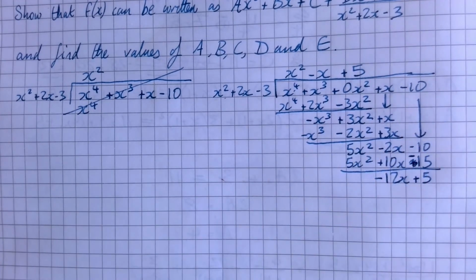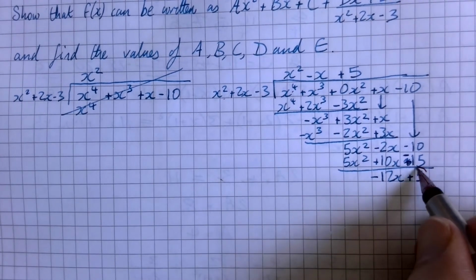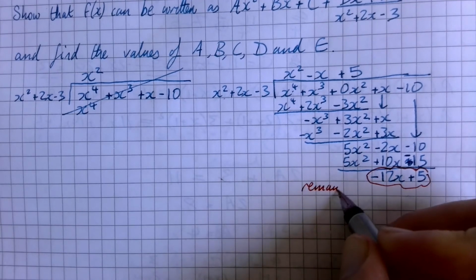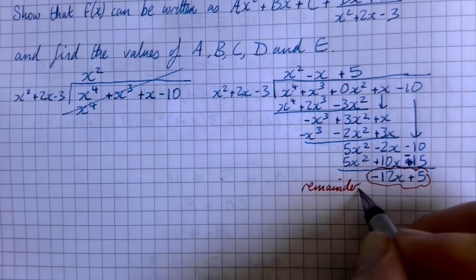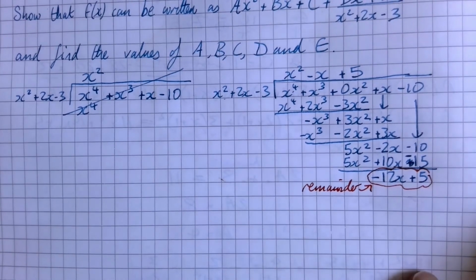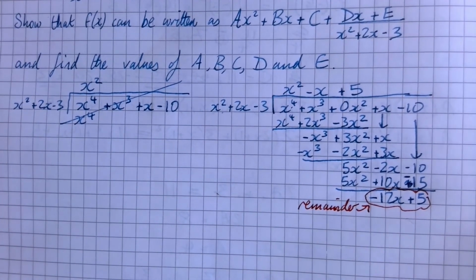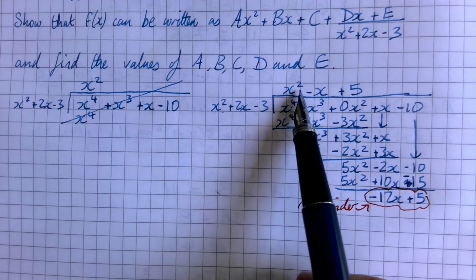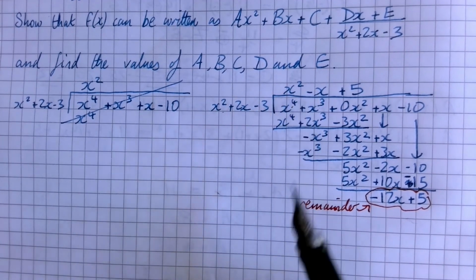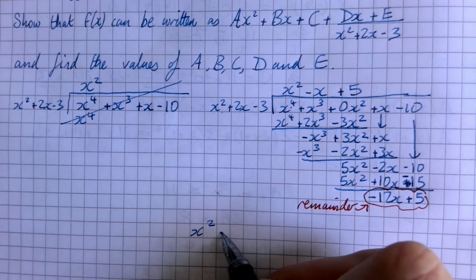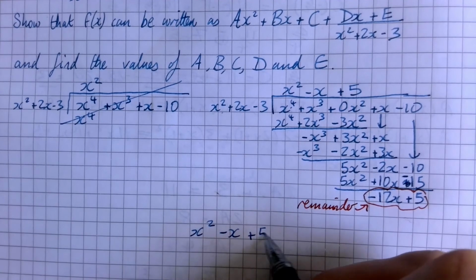So that's so important. I'm going to put a little thing around there and say remainder, because what I'm going to be able to do here, remember, I want a x squared. So how many x squareds have I got? Well, I've got all of this up here. So I've got x squared take x plus 5.